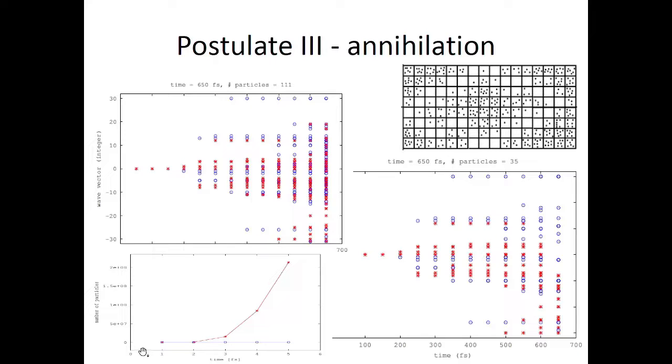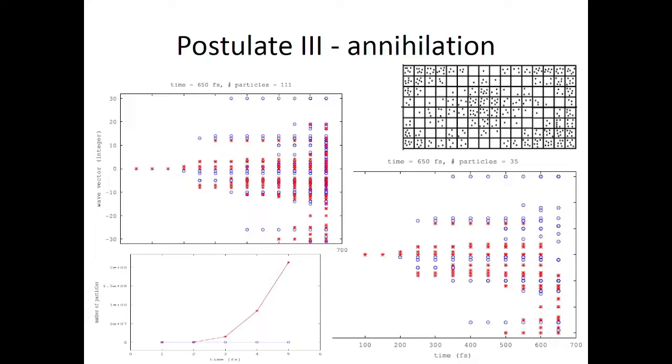As a matter of fact, here I am reporting the number of particles for this experiment, which is the red curve, but I am also reporting the number of particles for this experiment with annihilation, which is represented by this blue curve. And as you can see, the blue curve is essentially flat if compared to the red curve, which means that essentially the annihilation scheme can provide a way to speed up simulations when we are dealing with signed particles.